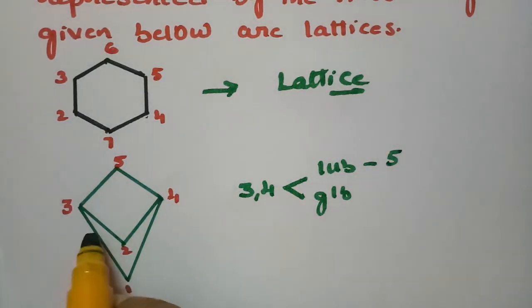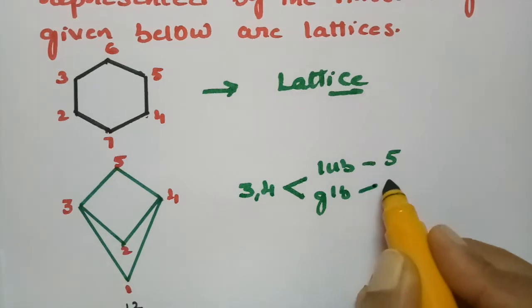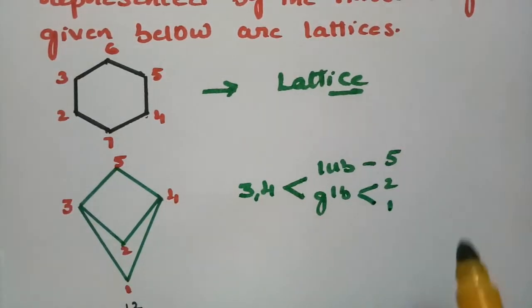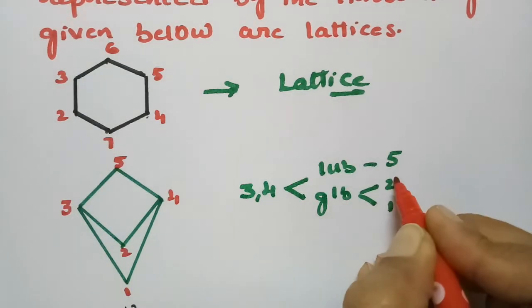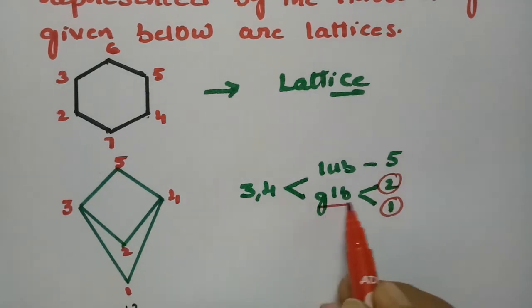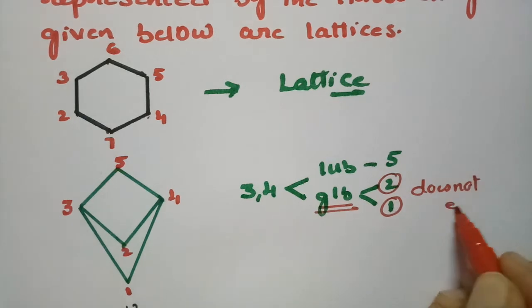For the greatest lower bound, consider 2 and 4. They meet at point 2 as well as at point 1. If you observe, we are getting two greatest lower bounds, so we say that the greatest lower bound does not exist.